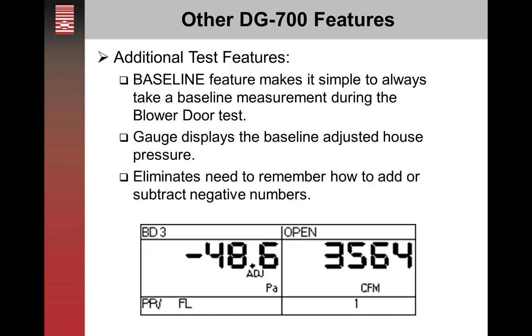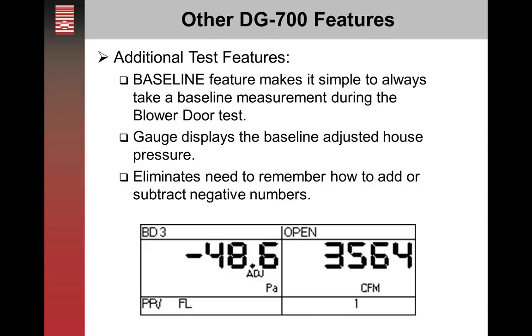So for a house that might be in a city block where there's a number of houses all nearby, you won't have much of a wind effect, but if it's a taller structure, there might be some natural stack effect because of the leakage of the house. And so we want to find out what that is.